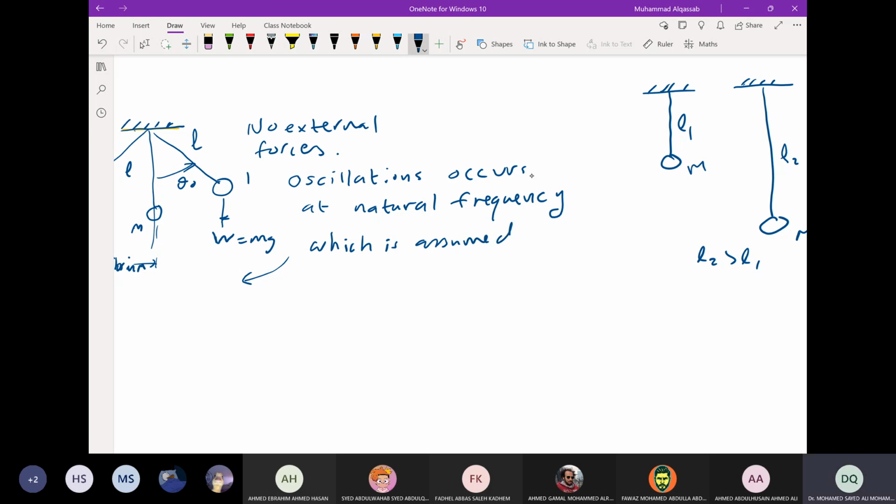It is a function of the parameters of the system.